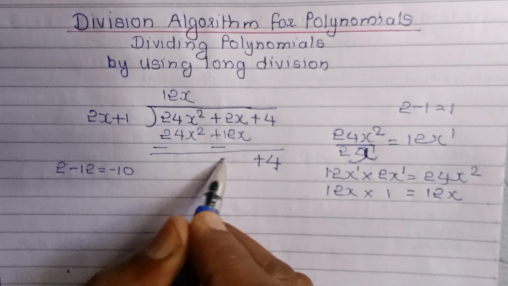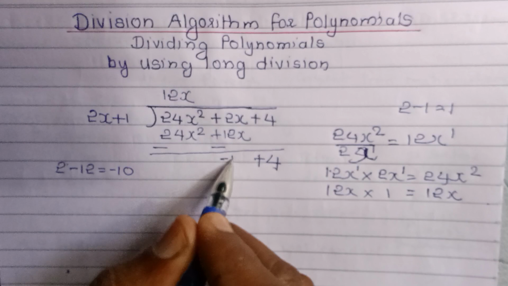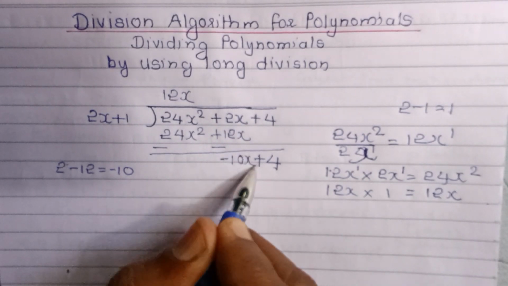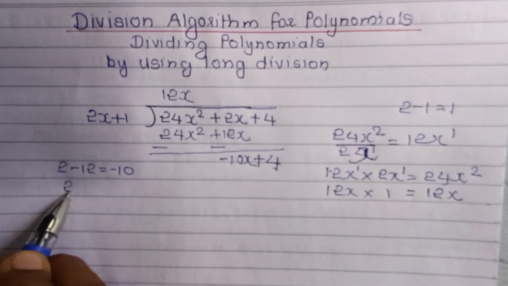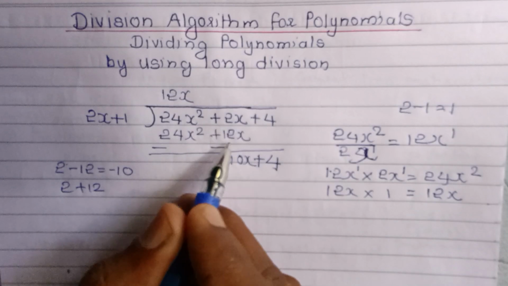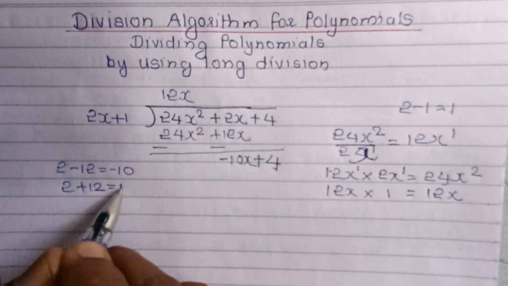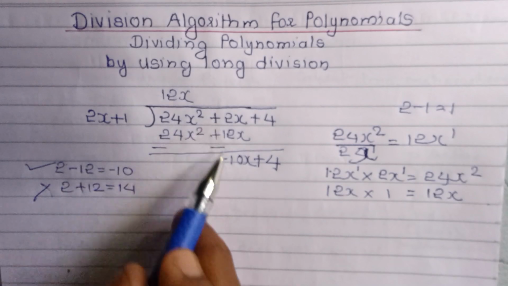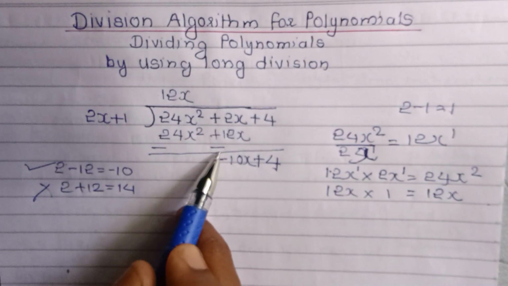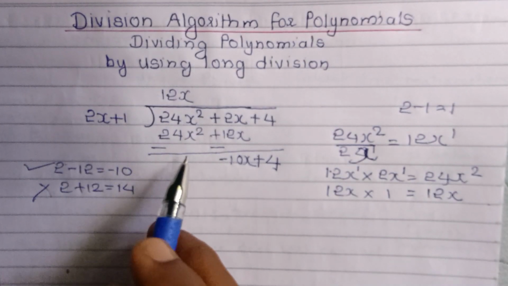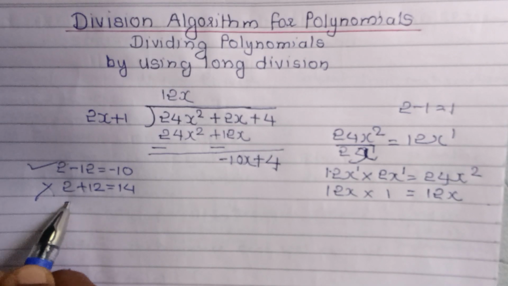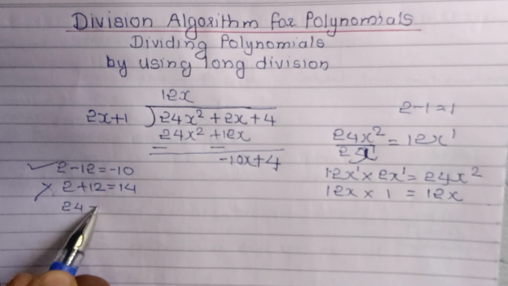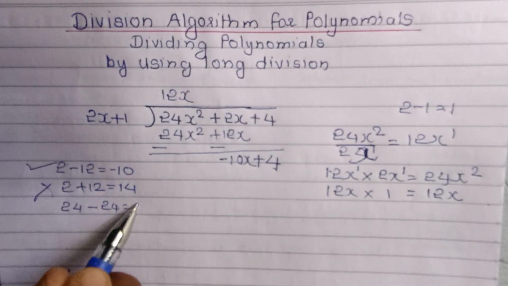So you have to write minus 10x here. Don't write 2 plus 12; if you write 2 plus 12, you will get 14, and this is incorrect. So you have to write 2 minus 12, and take this sign. 2 minus 12 is minus 10, and this 24 minus 24, so the answer is 0.